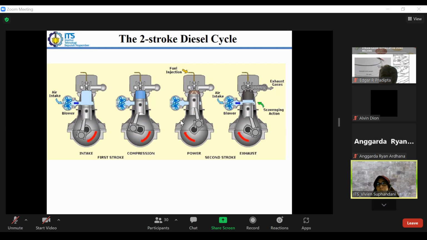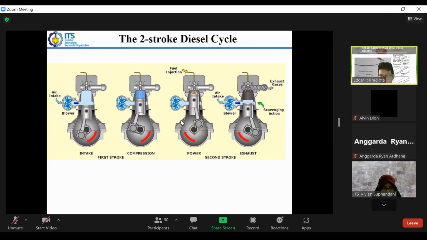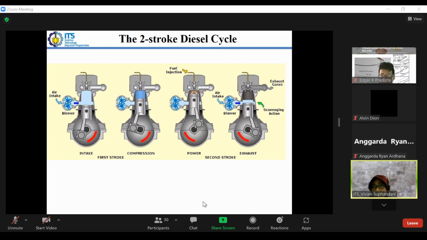Can you mention the difference between diesel and gasoline aside from the compression ratio? Regarding the process, we have discussed that last week as well. The injector, maybe, ma'am. Yes, the injector. Here we have the fuel injection.